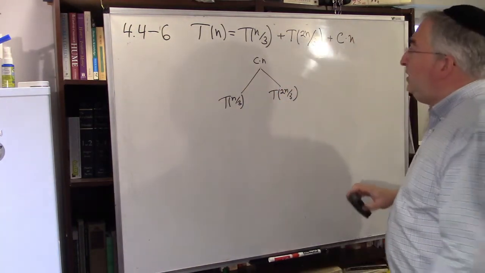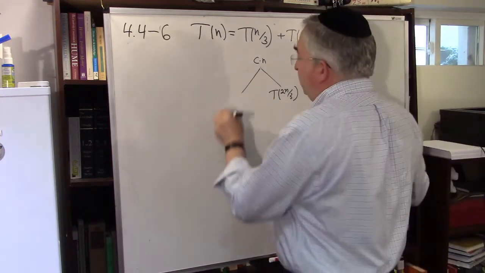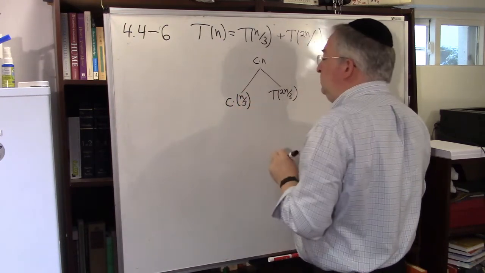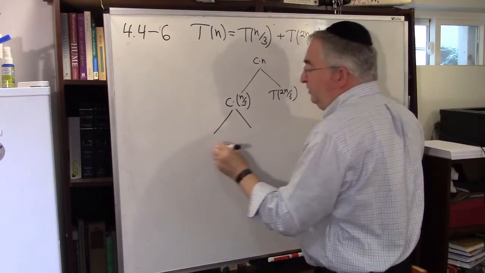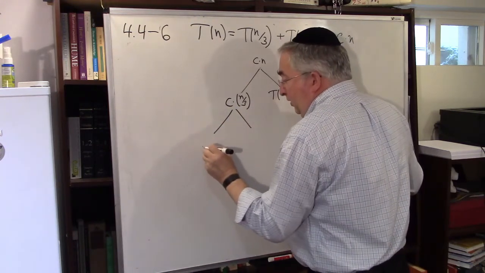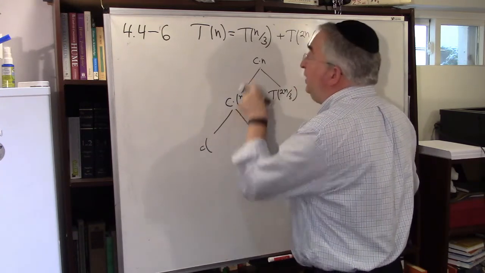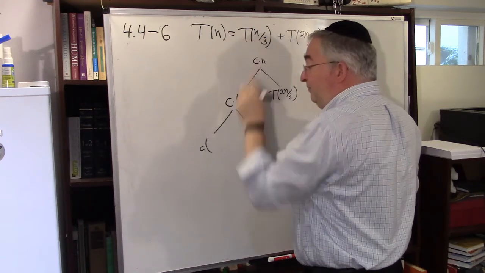Now, when I plug this one in, I'm going to get c times n over 3, and it has 2 children. Plugging in n over 3, one child is c times n over 9.